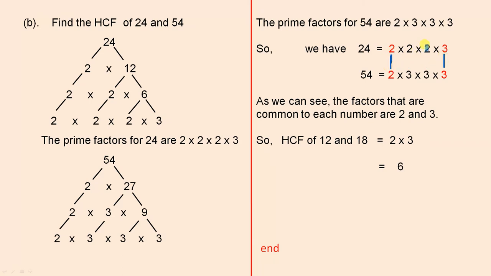See, none of those there match up. So all we do is take two of those. So you can either take that one and that one, or this one and that one, and multiply them together. As we can see, the factors that are common to each number are 2 and 3. So the HCF equals 2 times 3, which gives us 6.